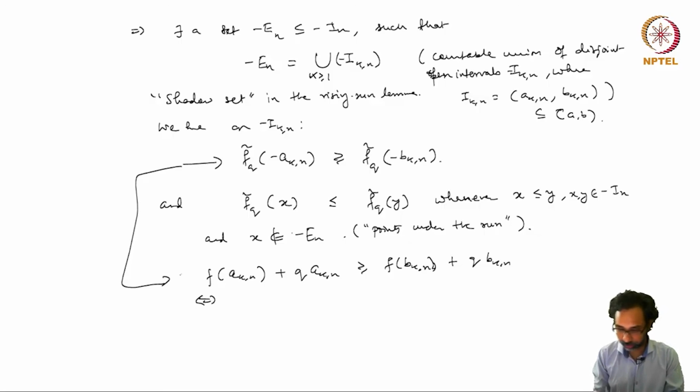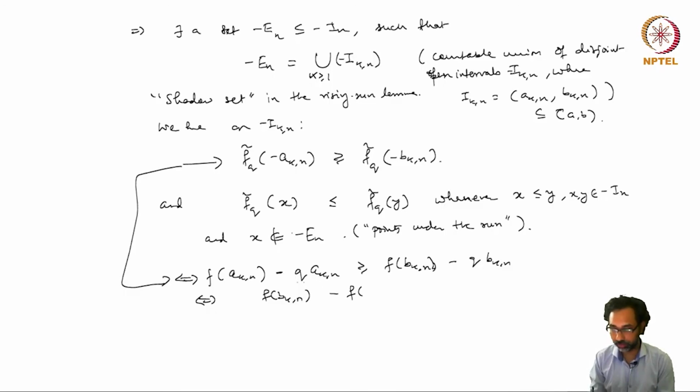And so this is the same as saying, it should be minus here and also here because we are taking f tilde q of minus akn, that f of bkn minus f of akn is less than or equal to q times bkn minus akn, and this last term is nothing but the measure of Ikn. So this is the first inequality that we get.